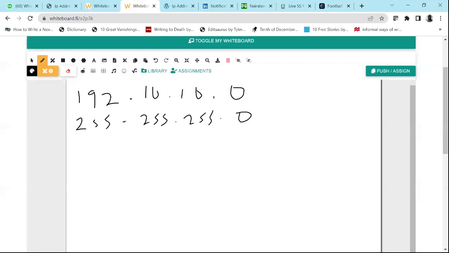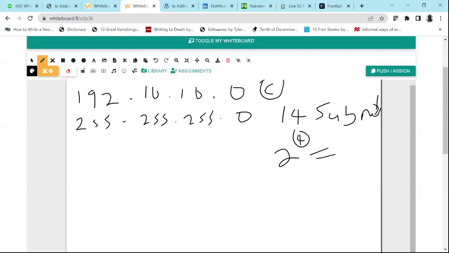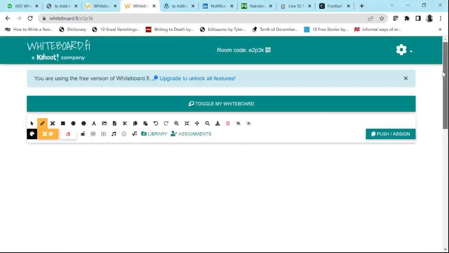We said this is a class C network, and they want us to subnet it into 14 subnets. We just did our formula and saw that we needed to borrow 4 to be able to get that 14. So I'm going to write out the initial subnet mask in all ones. There's 1, 2, 3, 4, 5, 6, 7, 8.